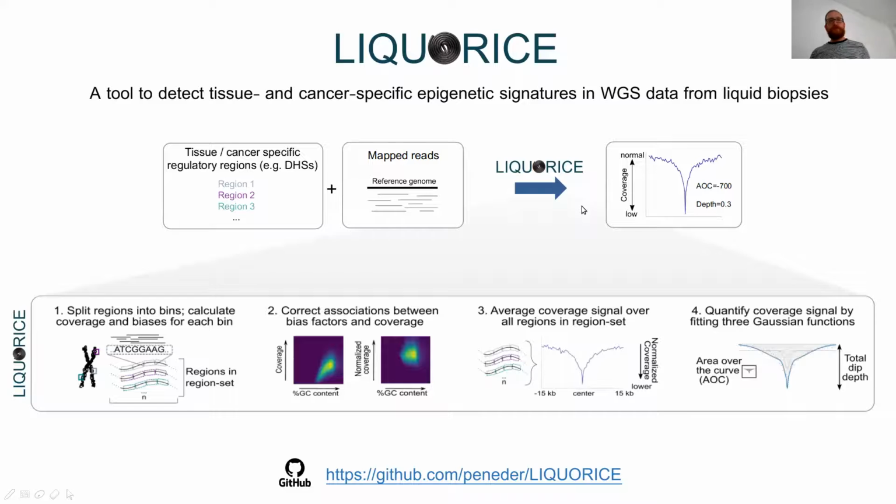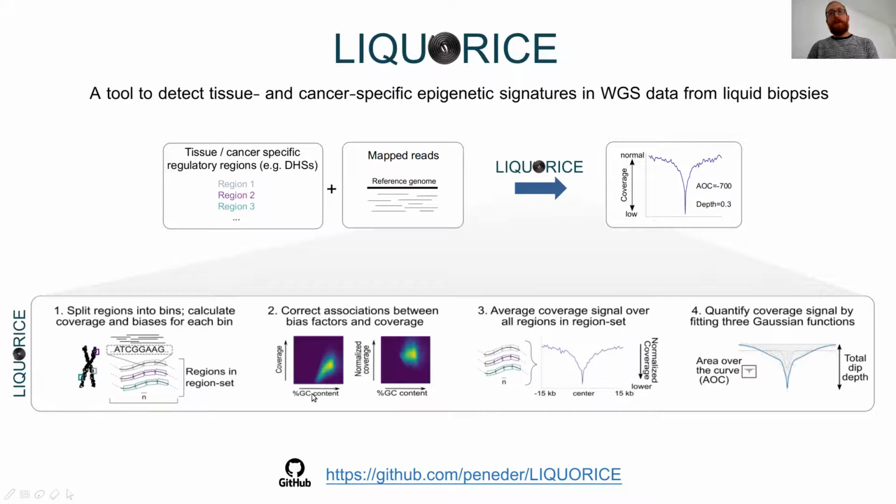LIQUORICE works as follows. It splits every region into bins and then calculates the coverage and the number of bias factors for each bin. These bias factors, for example, the GC content, are important because they influence the coverage without being related to the epigenetic properties that we actually care about. So in the second step, we correct these associations between bias factors and coverage.